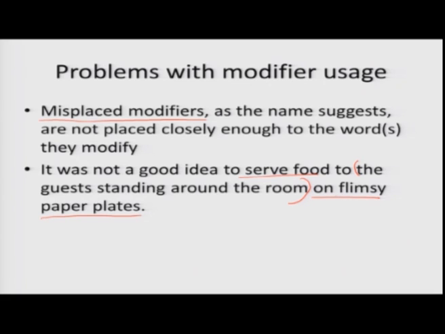So, the modifier here has been misplaced. The solution is to place it immediately next to what you wanted to modify. So, now you say it was not a good idea to serve food on flimsy paper plates to the guests standing around the room. That is how you correct mistakes with misplaced modifiers.